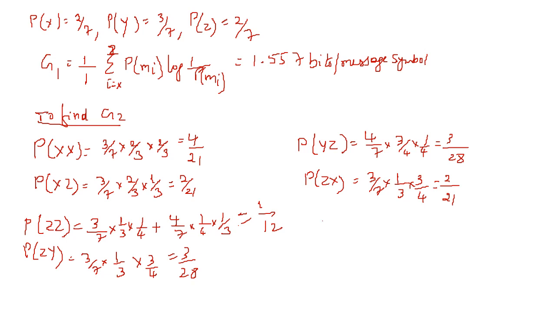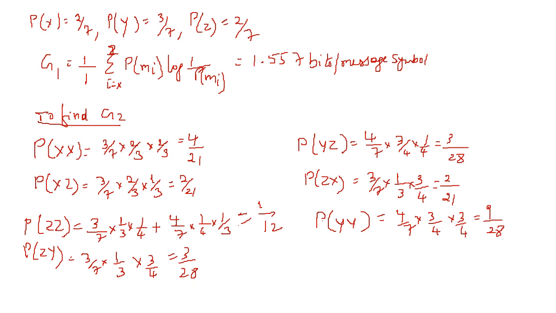Next you have the last symbol probability, that is P of YY, which is equal to 4 by 7 into 3 by 4 into 3 by 4, which is equal to 9 by 28. See in your graph whether all the symbols are covered: xx, xz, zz, zy, then zx, yz and yy.